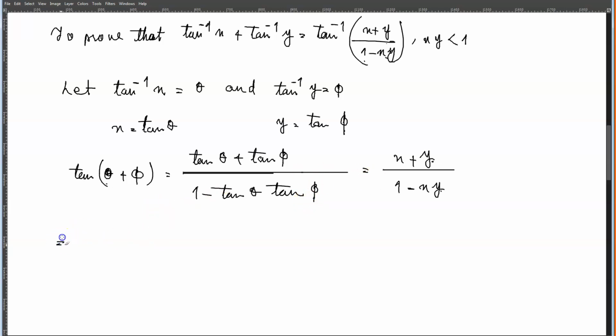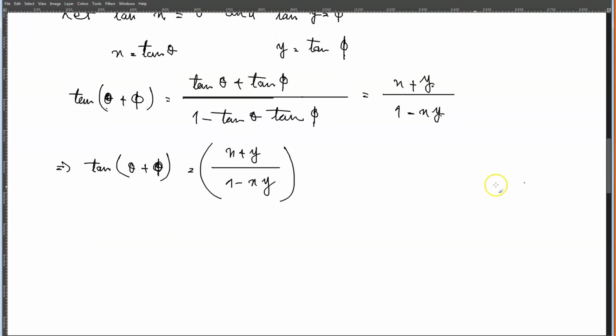So this means that basically tan of theta plus phi is equal to (x plus y) over (1 minus xy), which means that theta plus phi is equal to tan inverse of (x plus y) over (1 minus xy).